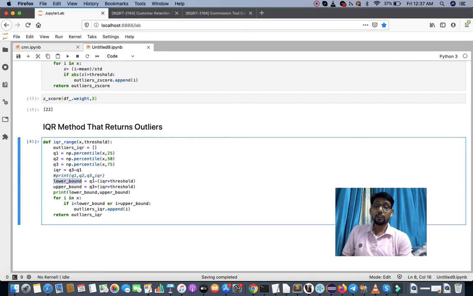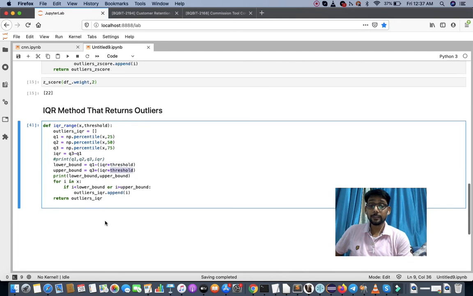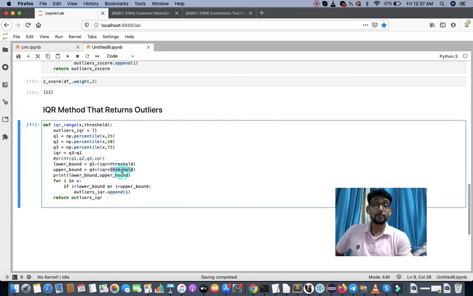For the lower bound, we subtract the IQR times the threshold value from quartile 1, and for the upper bound we add the IQR times the threshold to Q3. The threshold would be 1.5, which I have already told you is the well defined threshold for detecting the outliers using the IQR method, right?